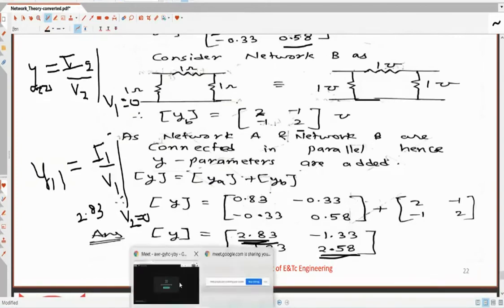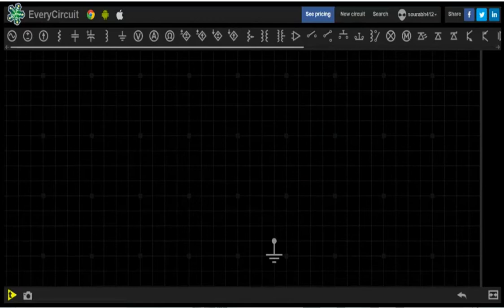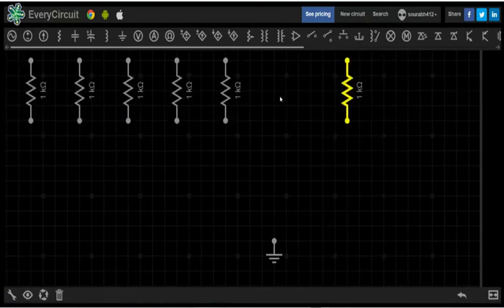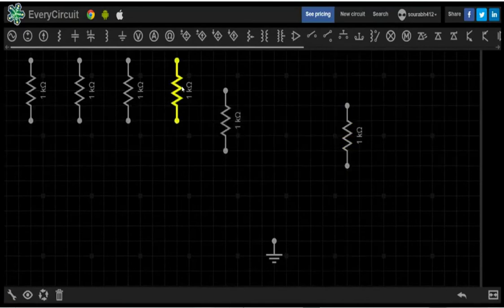So I will just go for the simulation now. In total I require 6 resistances: 1, 2, 3, 4, 5, 6. Then I have to connect them in parallel in a pi type of network. So take this, rotate this resistance.